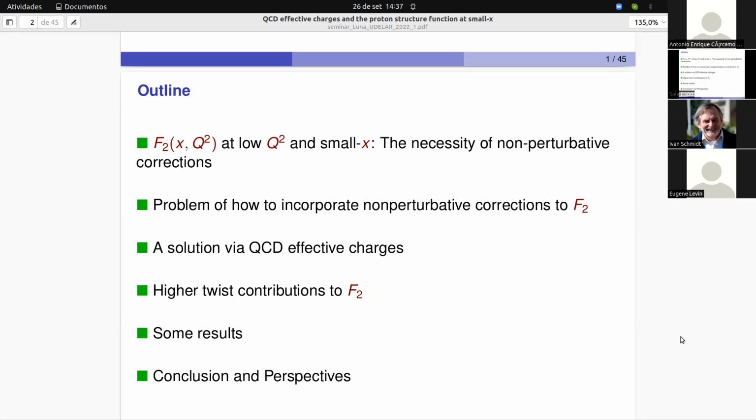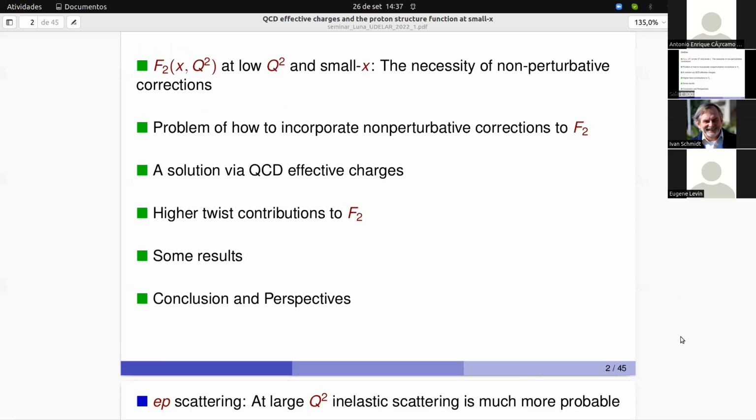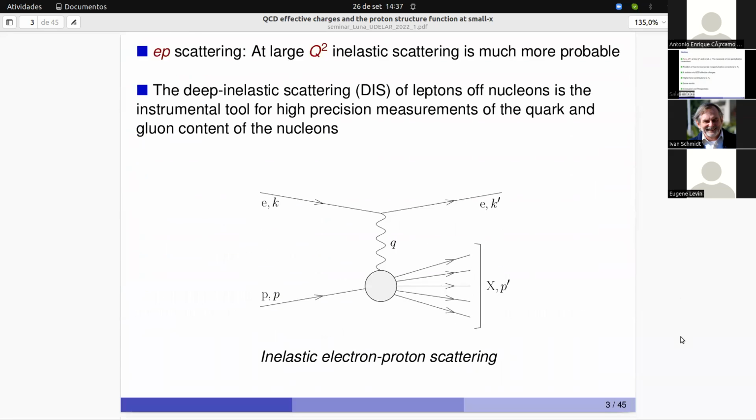I will talk about some results, conclusions and perspectives that we are working on right now. So, to remember, the main source of the data on the structure function is deep inelastic scattering. This is the instrumental tool to obtain high precision data.